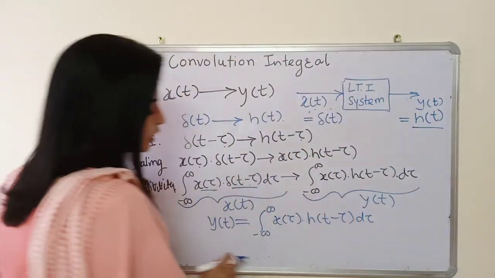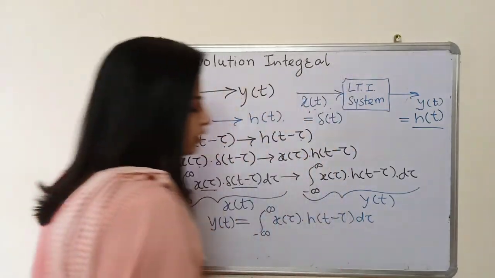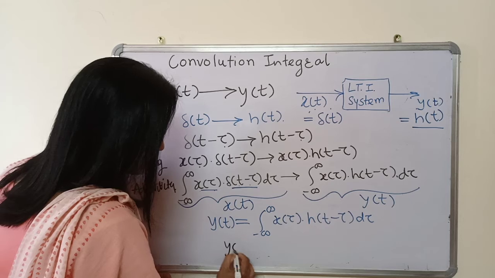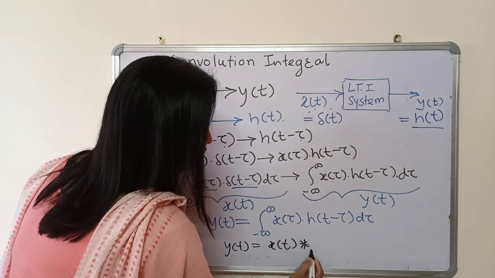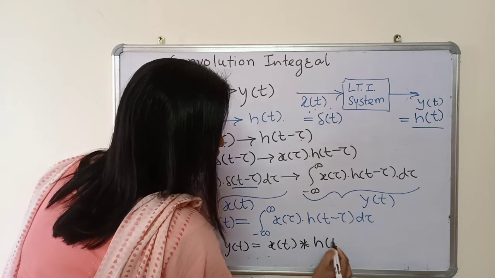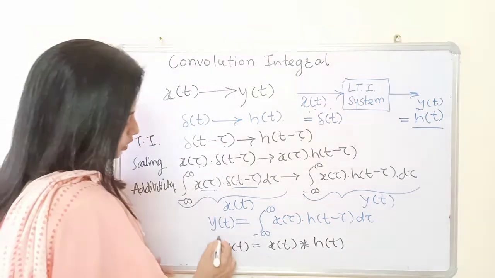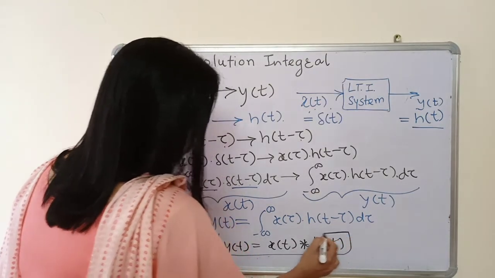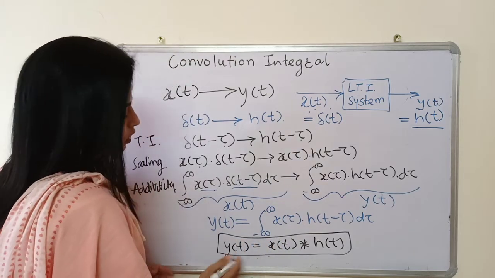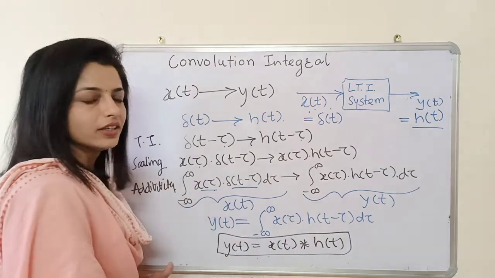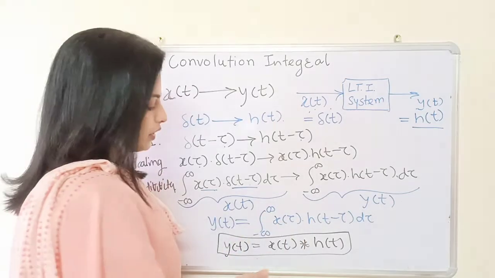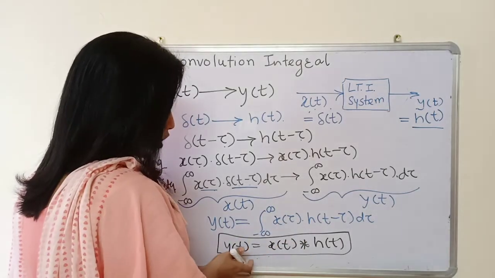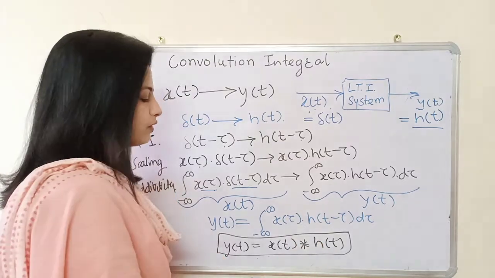We can write it like this: y of t is equal to x of t convolved with h of t. This formula we call the convolution integral, the relationship between the input, output and the impulse response of the system.